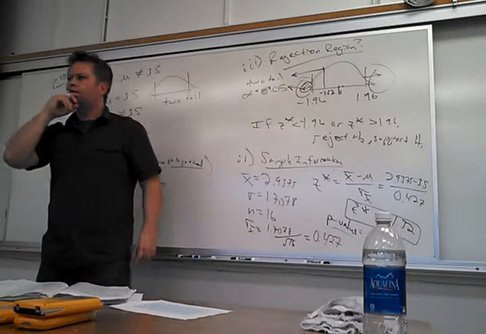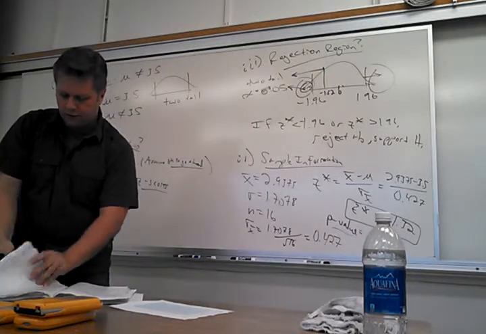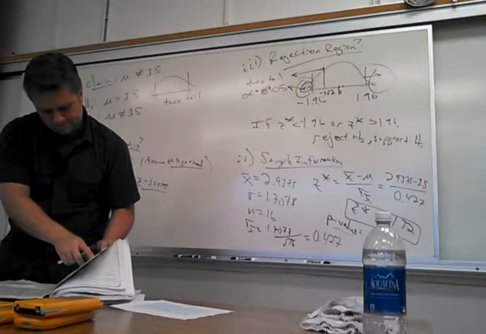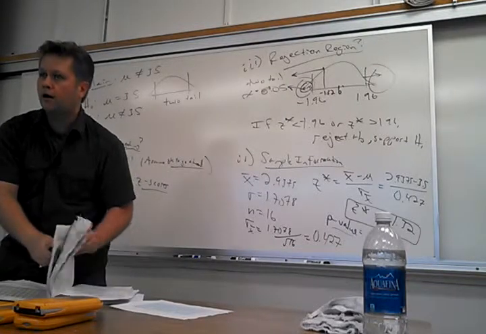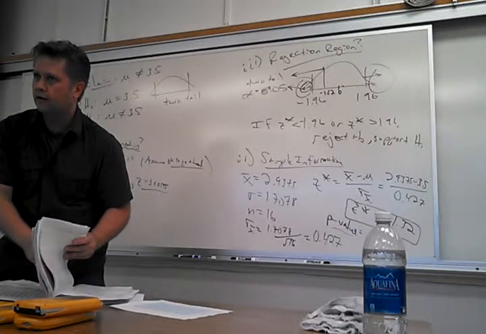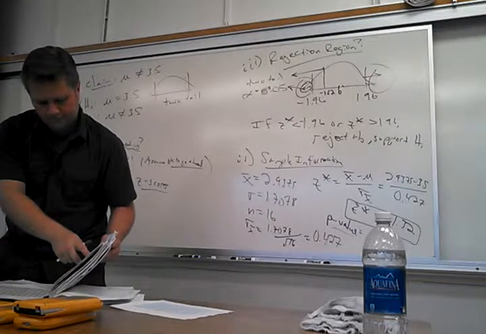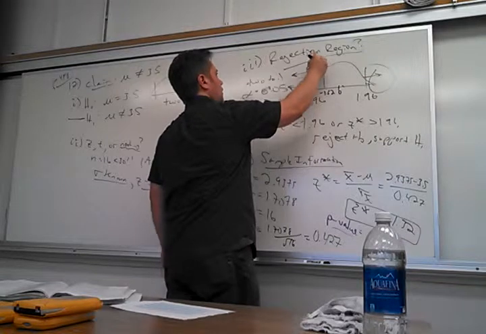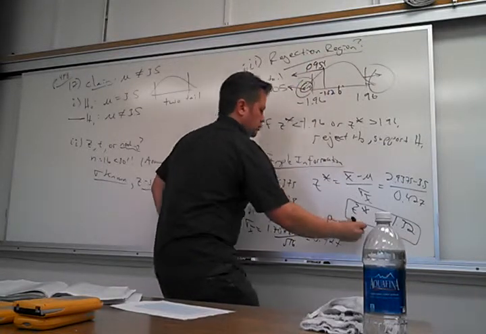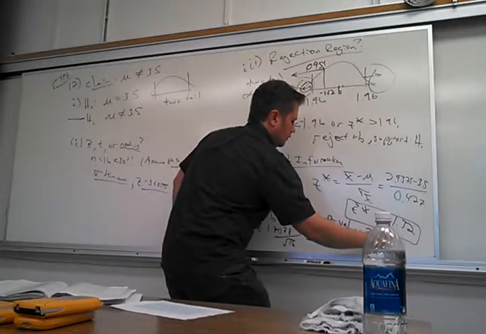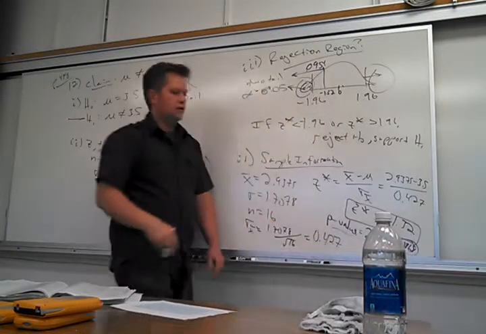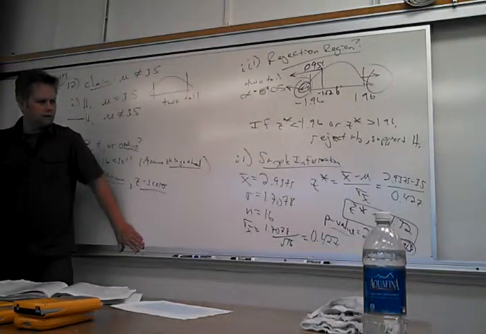If you look up negative 1.32, how much area do you get? Yeah, 0.0934. So the p-value would be twice that. 0.1868. That's the p-value, 0.1868.